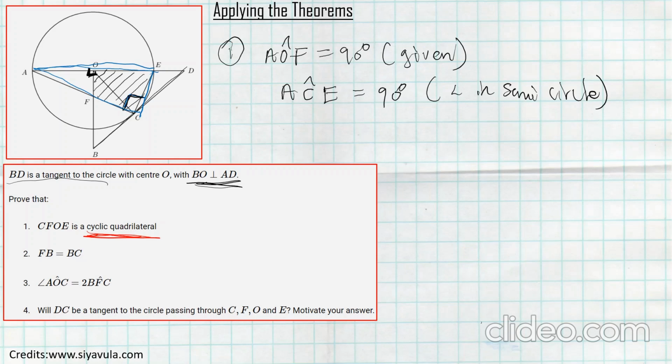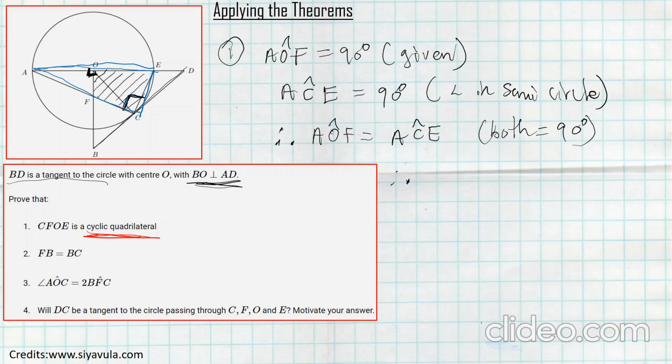Can you see now? We can now conclude that therefore our exterior angle, angle AOF, is equal to the opposite interior angle, which is ACE, because both of them are equal to 90 degrees.